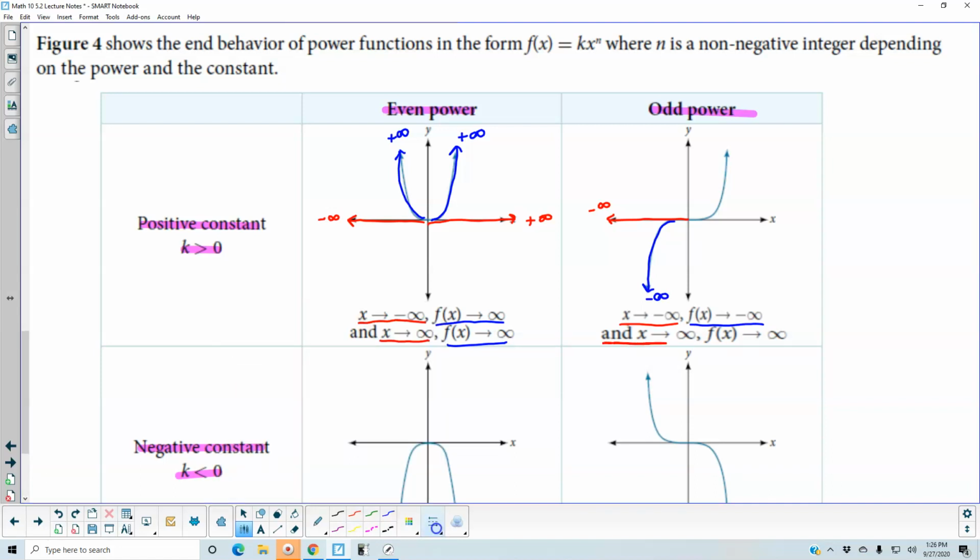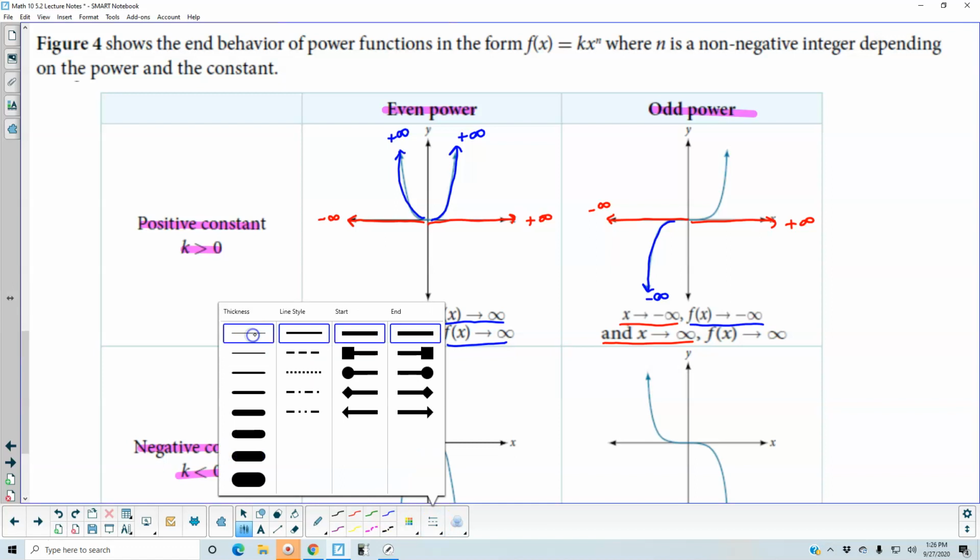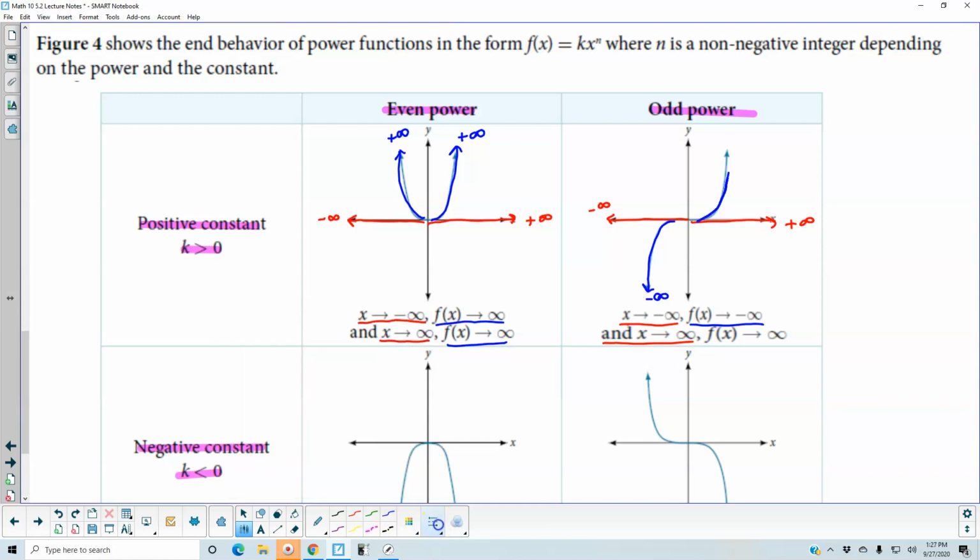Now, as x is approaching positive infinity, the function is also approaching positive infinity. So you can see the end behavior, and it's all based on what the graph is doing.